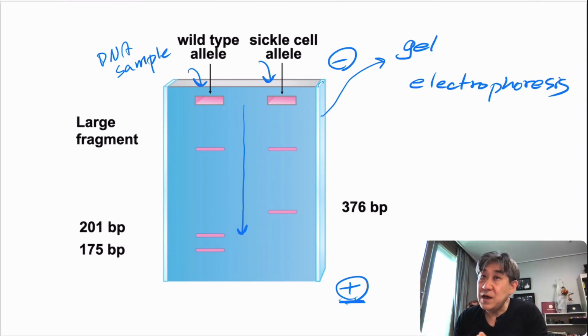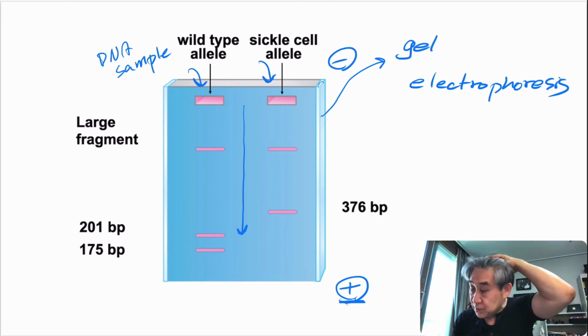So it is actually highly correlated to their size, DNA fragment size. The shorter the fragment, the faster it moves, and from this relation between fragment size and movement, you can predict pretty precisely the size of any DNA fragment. And the same thing you can also apply to RNA too.